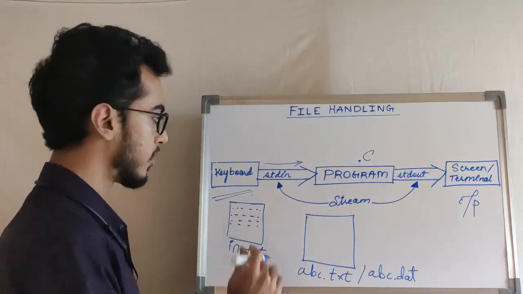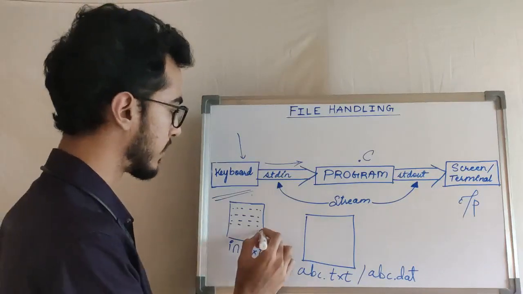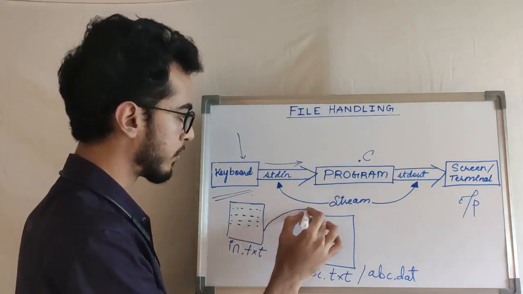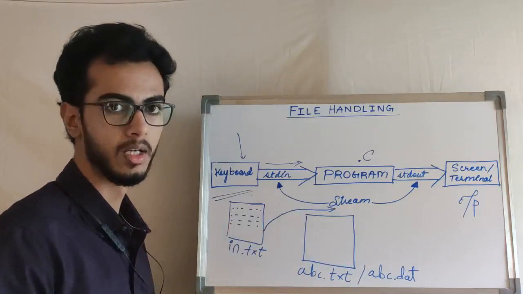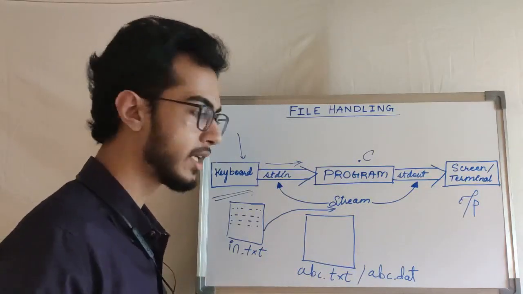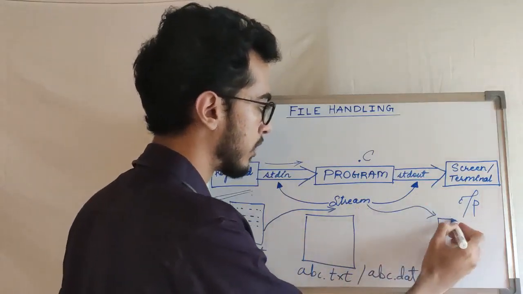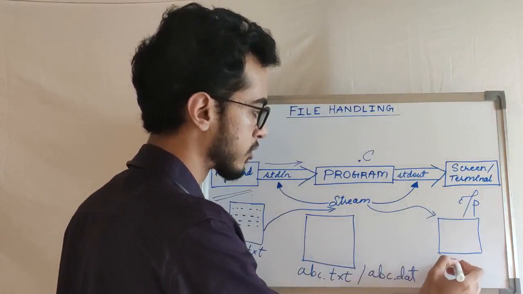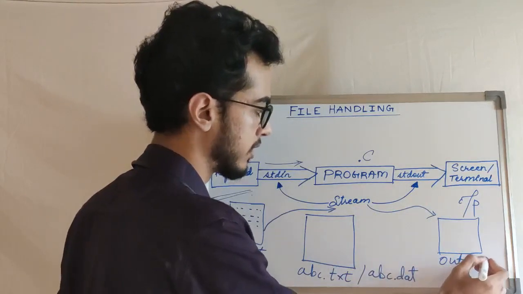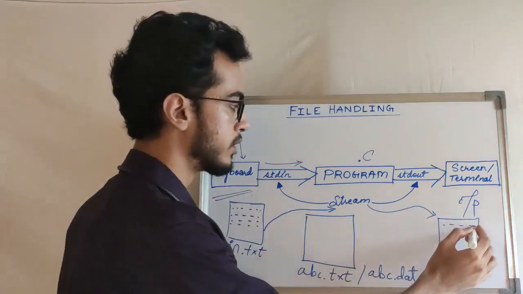Instead of entering them every time through the keyboard, I will provide this file to my program. Then my program will apply that sorting logic over that file, and it may also store the output in another file. Let's call it out.txt.